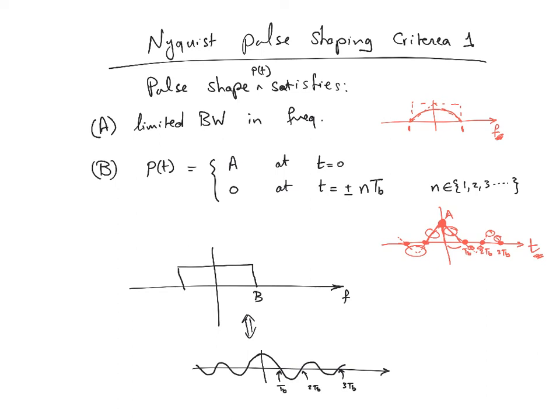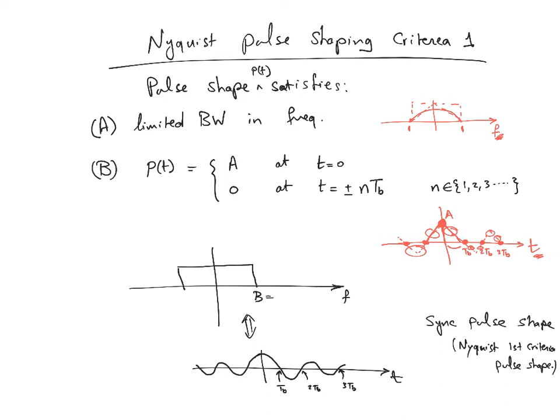Accordingly, this defines exactly the bandwidth of this signal. It's exactly a function of TB, from the relation between the sinc and the square function. So this is called the sinc pulse shape, or Nyquist first criteria pulse shape.